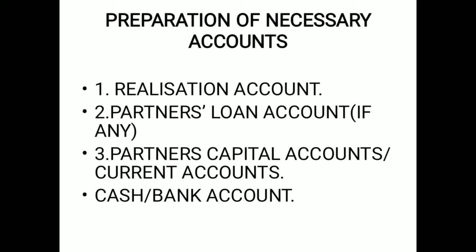Then partner's capital accounts or current accounts. Finally, cash and bank account. So these are the accounts to be prepared at the time of dissolution, during the closing down of a partnership firm.